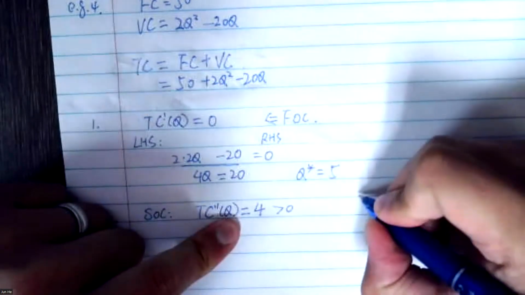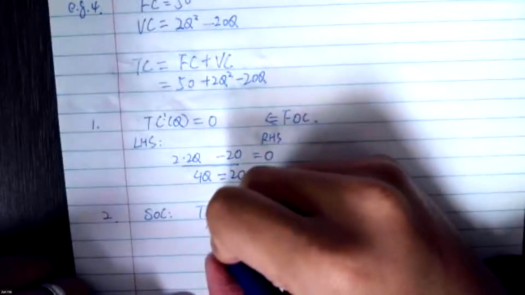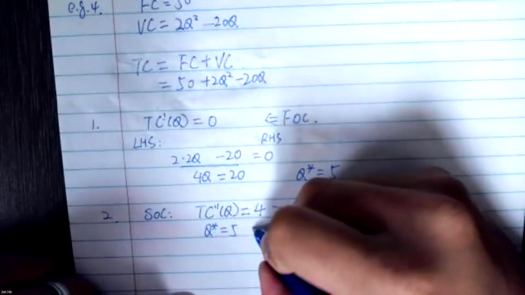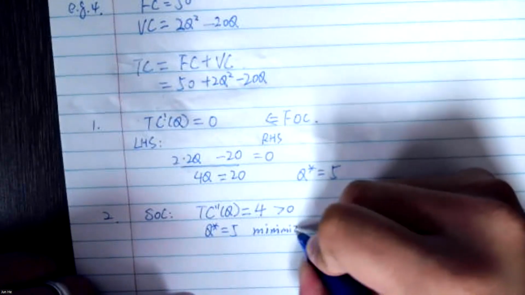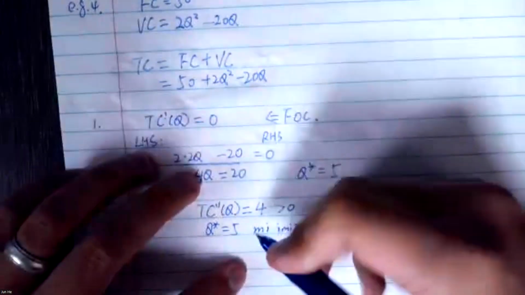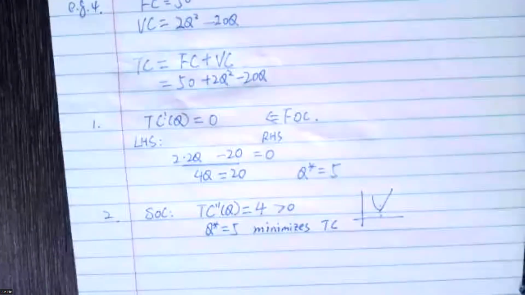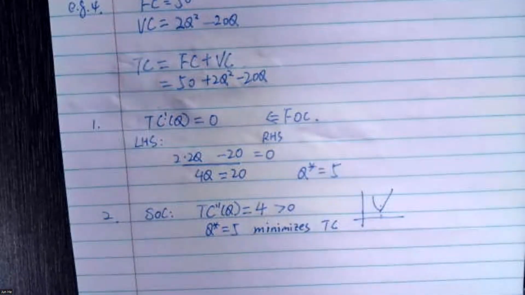It's greater than 0, so your function is a convex function, and Q star equal to 5 does minimize total cost. Here, there are the 2 major steps, right?